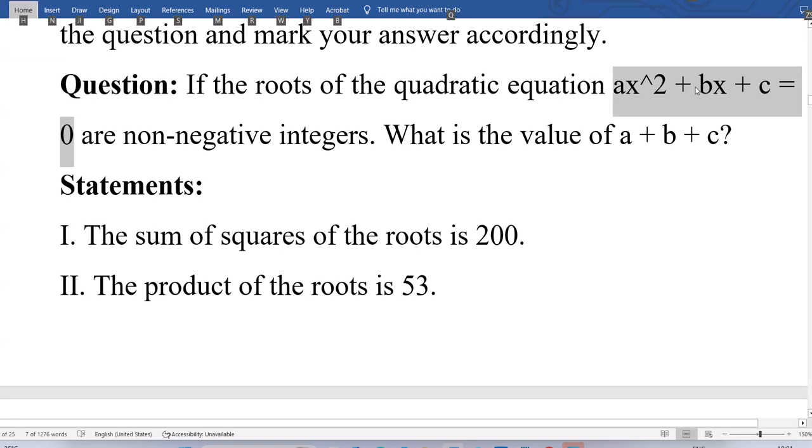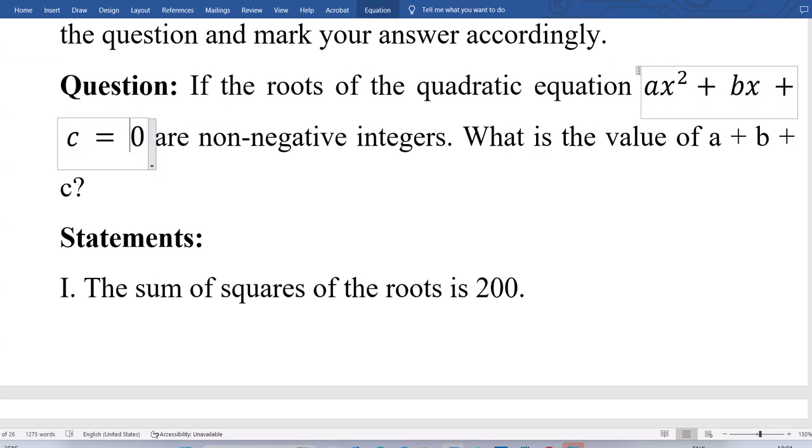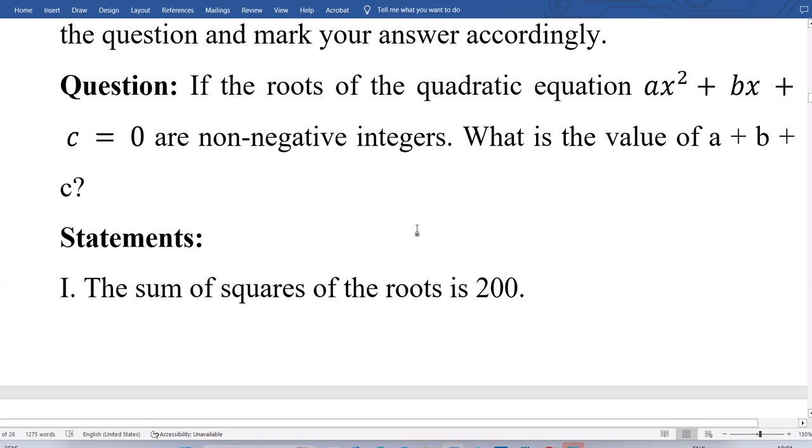A plus b plus c value is required, for ax square plus bx plus c equal to 0.